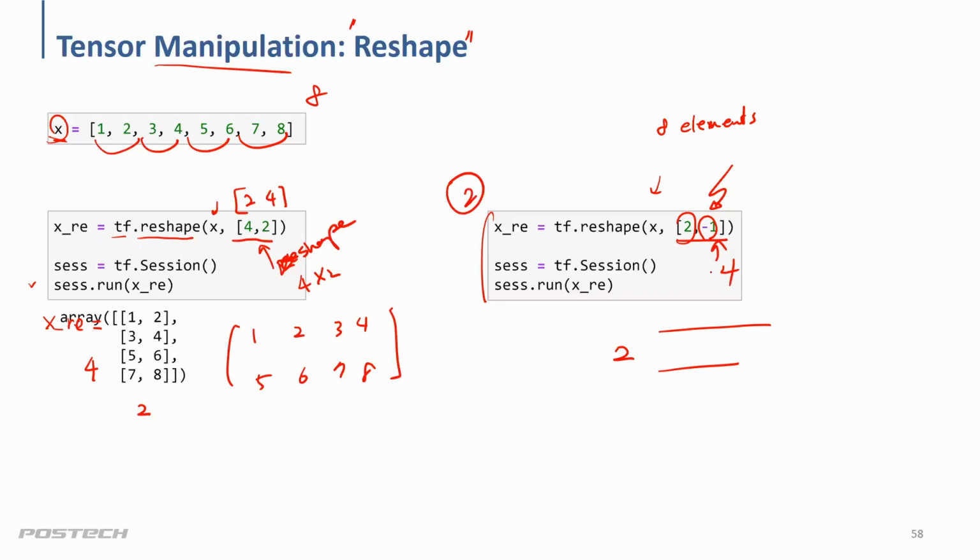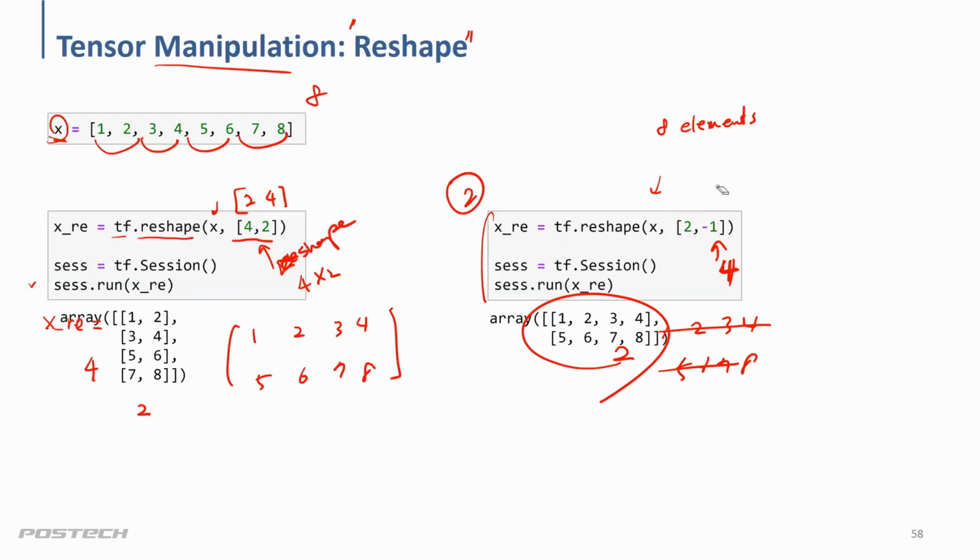So whenever you don't want to compute it, you don't have to think about the dimensions or shape, just put -1, and TensorFlow will compute it automatically and fill in the right numbers. In this case, it will be like this.